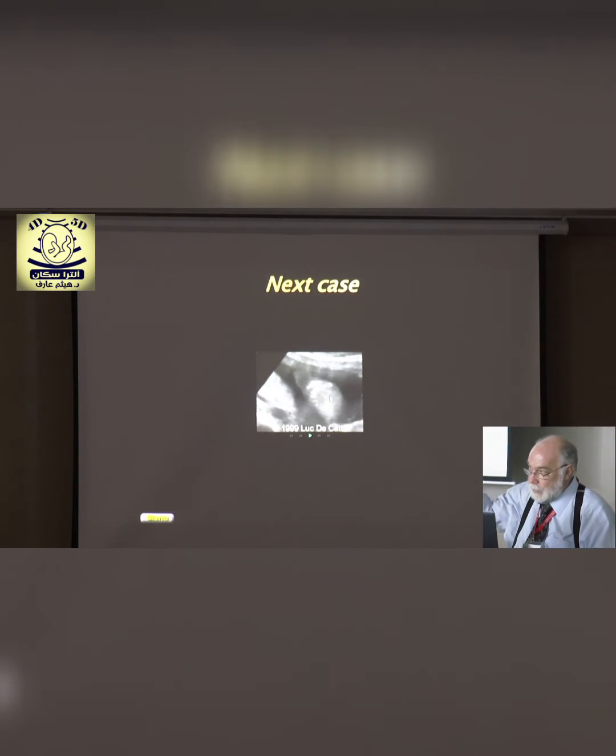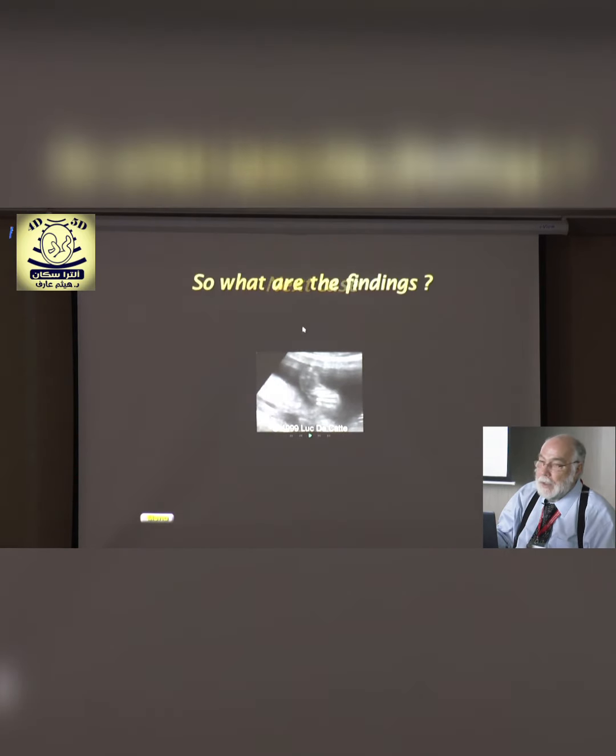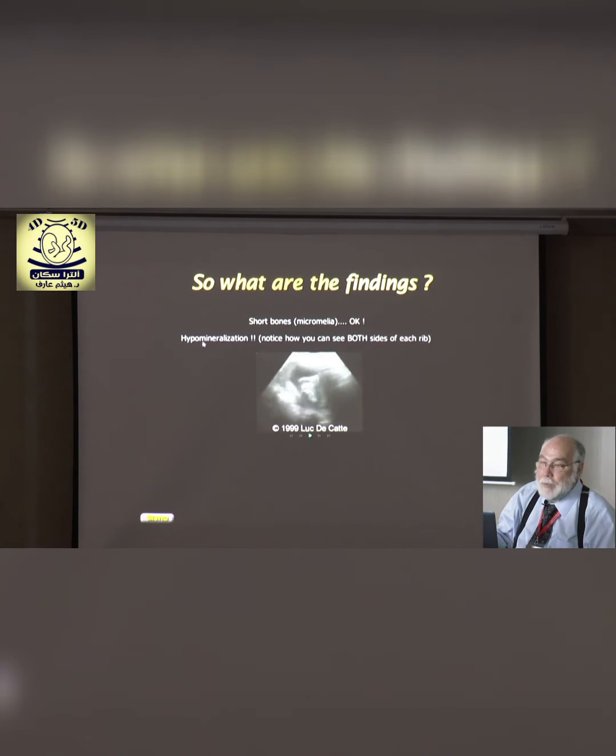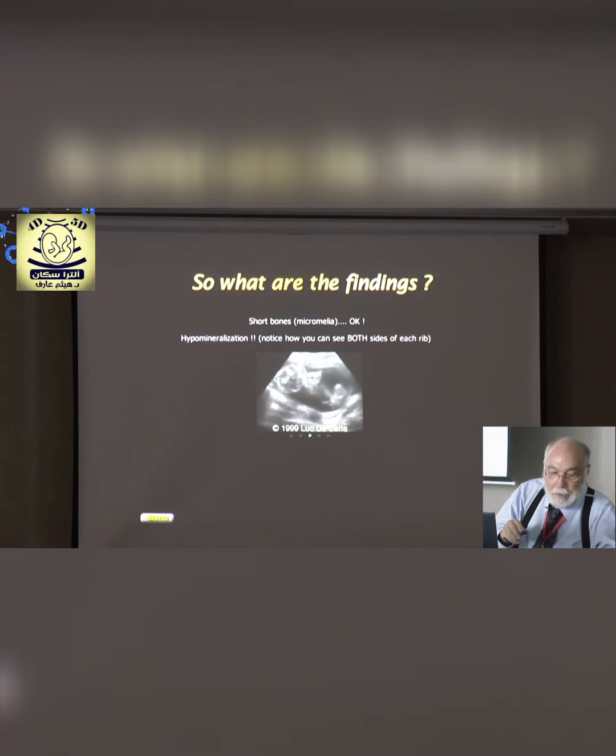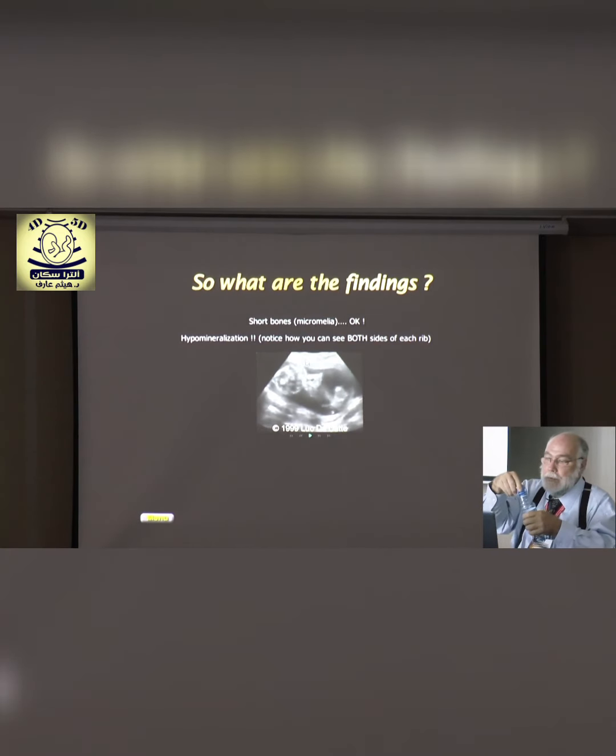It looks like little forks. You see the little forks at the end of the ribs? So this baby has several findings. It has macromelia and it has hypomineralization. If you see both ends of the ribs, it means the baby has hypomineralization. Let me show that to you.